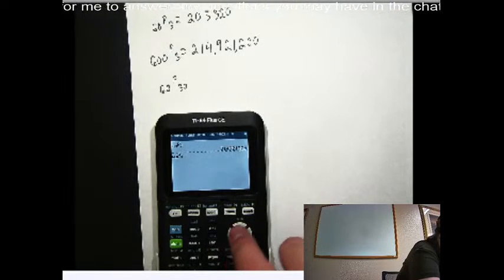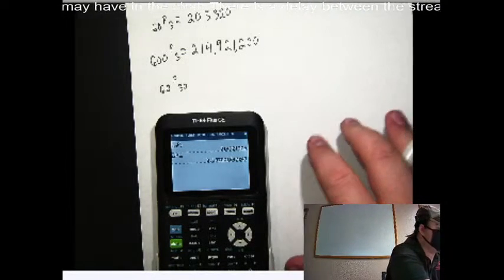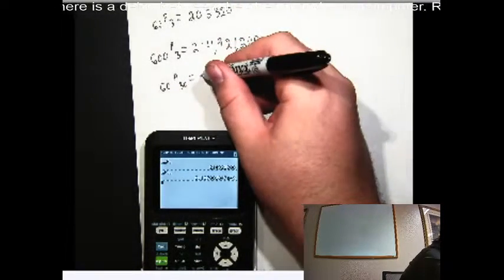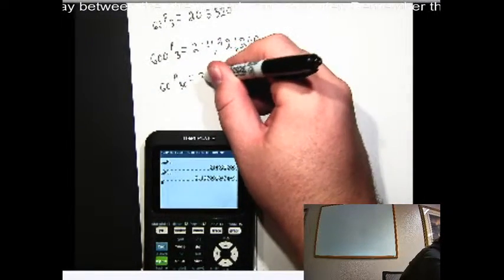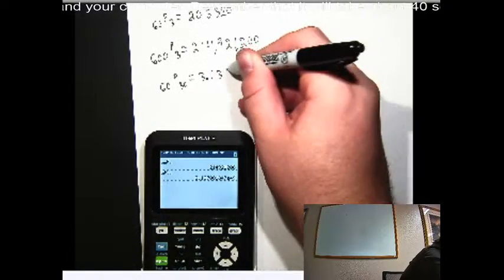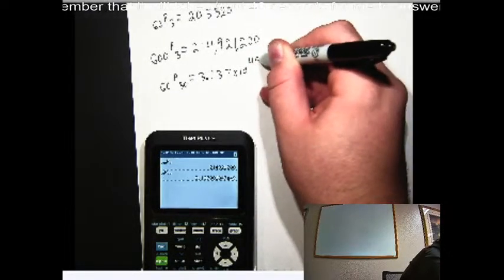So make this back into 60 and this one into 30. Oof. Huge number. Let's see, this is 3.137 times 10 to the 49th power.